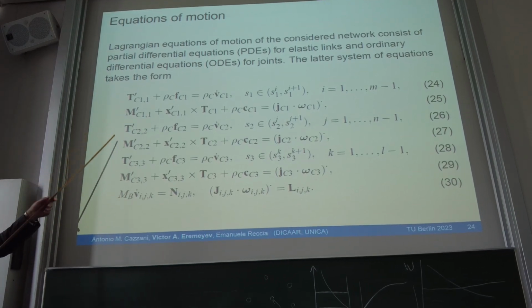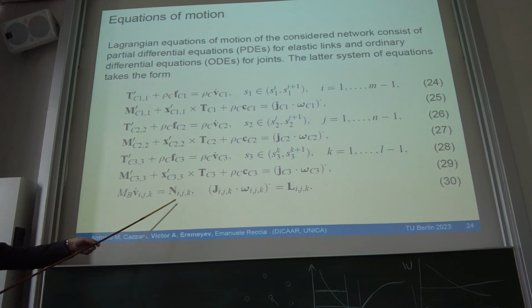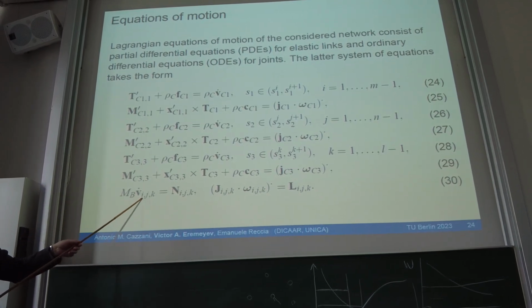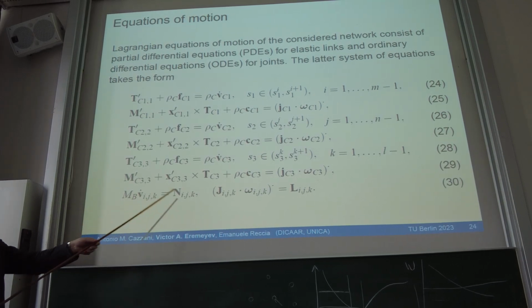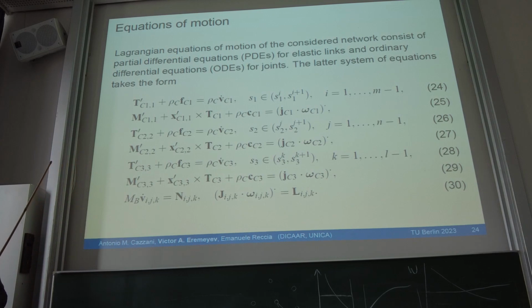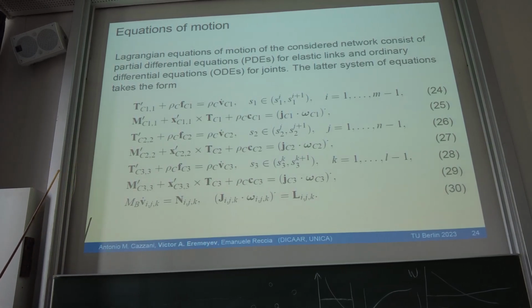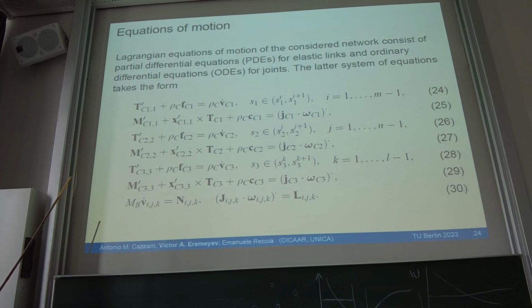So you have a system of equations here, and also equations for the joints. The joints are numbered like I, J, K, something like that. We will call it a semi-discrete model, because it's not discrete, but discrete-like.